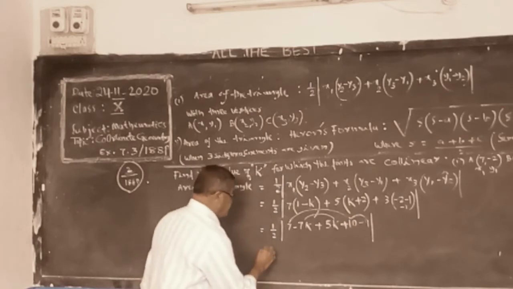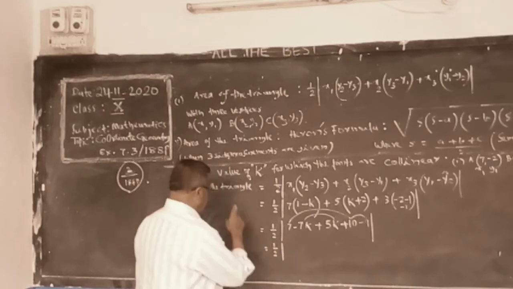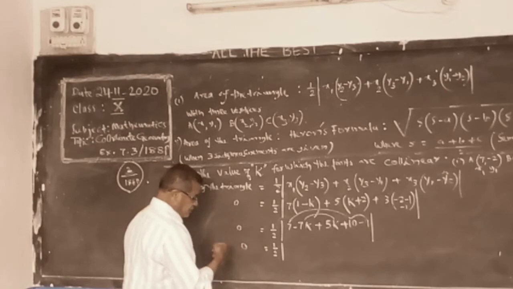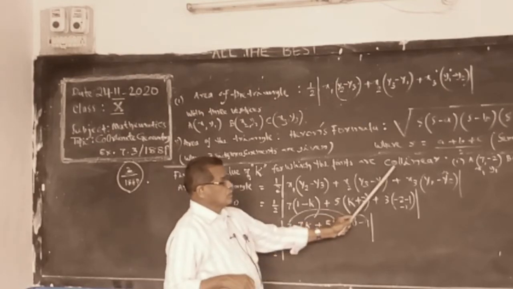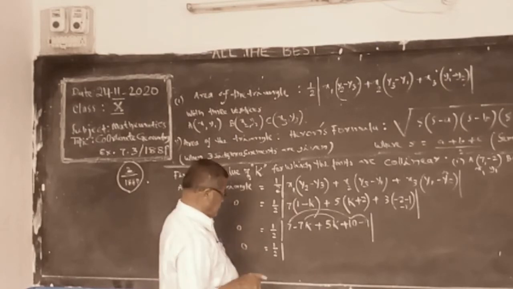Now half, area 0 given. Collinear means the area of the triangle is 0.